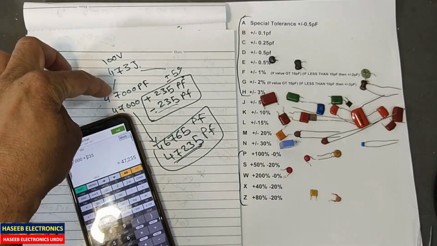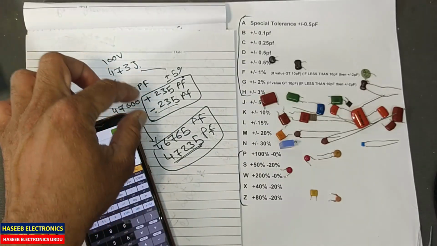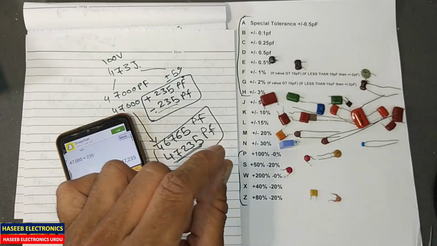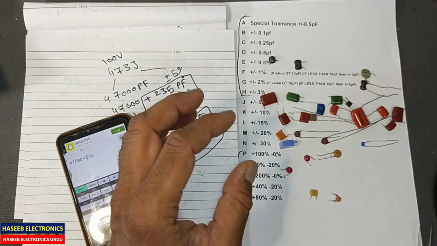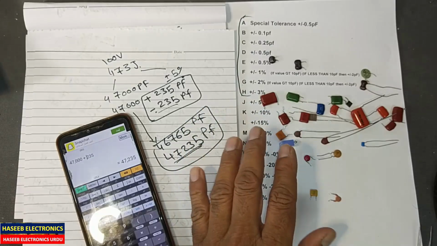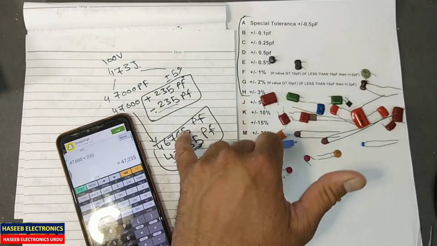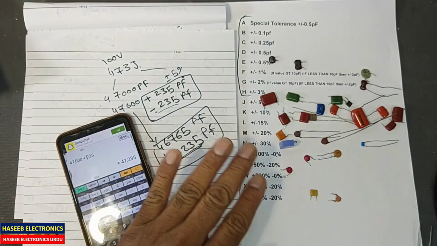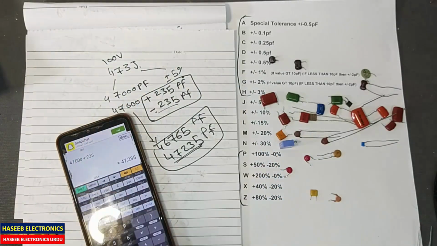The exact value must be 47000, but if its reading on the capacitance meter, or some device which can measure capacitance, is between these readings, then this capacitor is good. If it goes above or below, then that capacitor is not good.